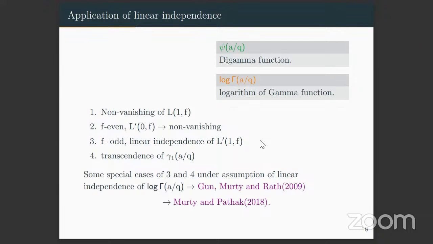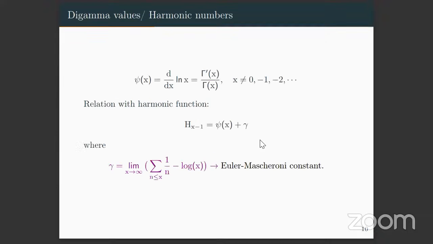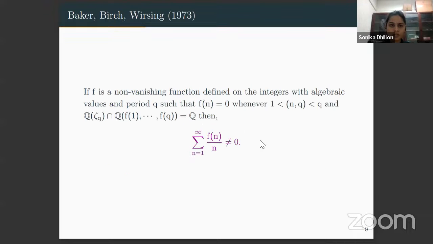Can you go to around page 10? I am just curious about the result of Baker. Yeah, this one. Page 9, I guess. So in this case, I'm interested in, if you take a Dirichlet character modulo Q, the non-vanishing of L(1, chi).